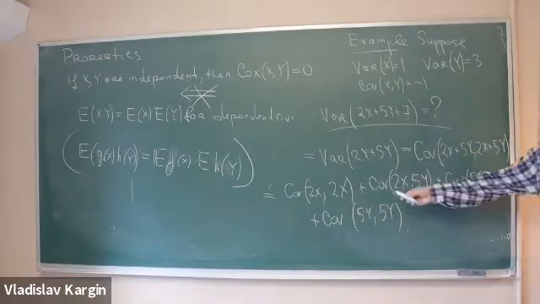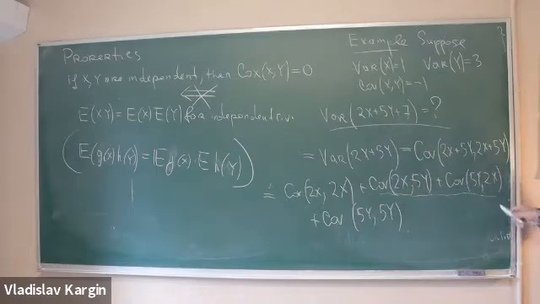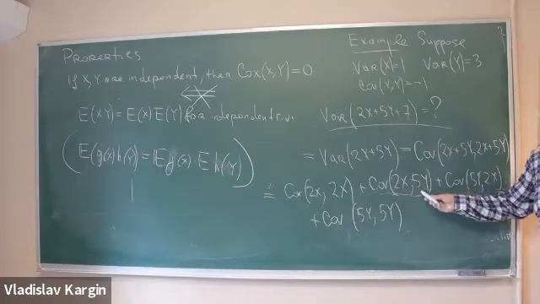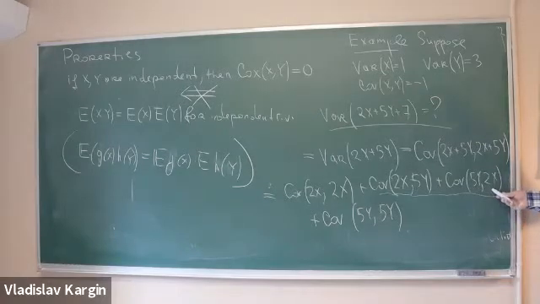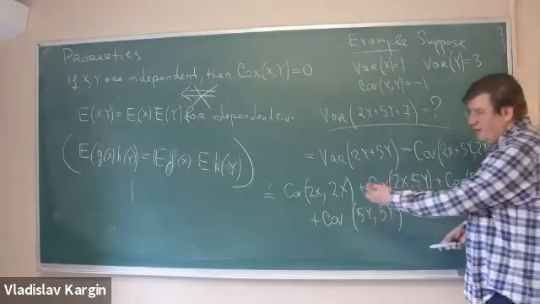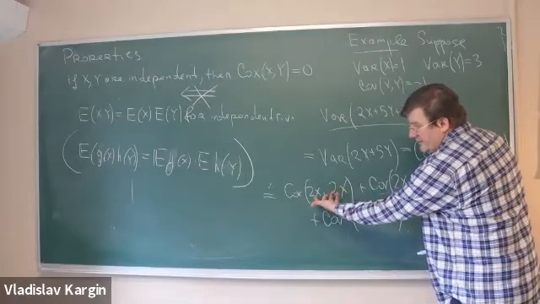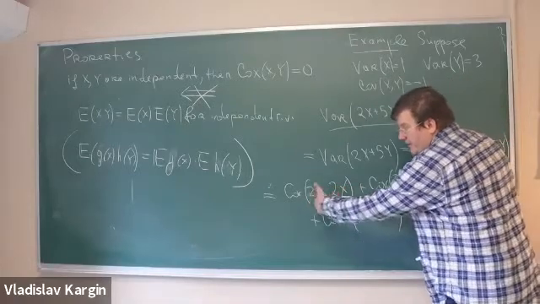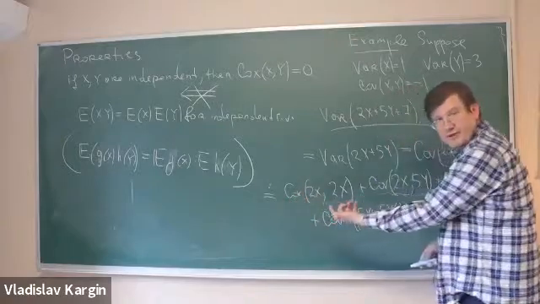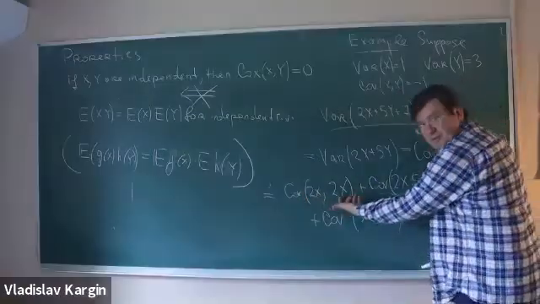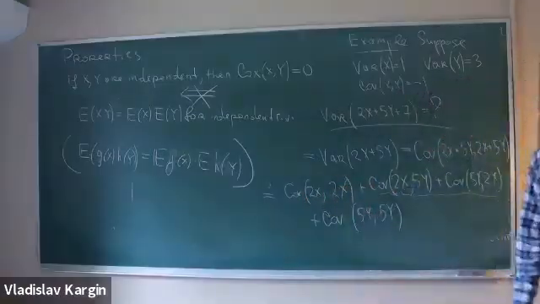First of all, by symmetry of the covariance, the covariance of 2x and 5y and the covariance of 5y and 2x are the same thing. And after that, you use that if the first element in the covariance is multiplied by some number, you can take this number outside of the covariance. If the second element is multiplied by a number, you can take it outside too.